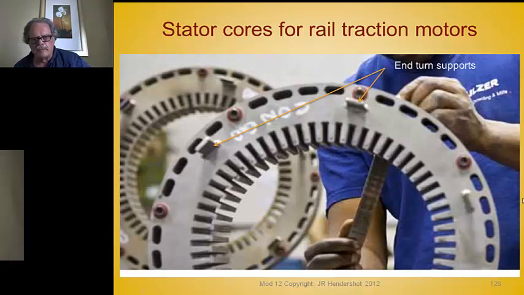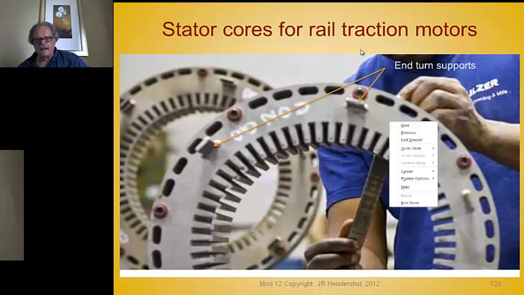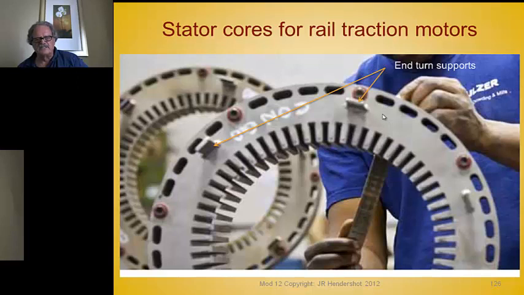Those same finger plates can have pieces of steel welded to them, and that's used for end turn support. Remember in a previous lecture I showed you some pictures of end turn supports. Well, this is an example of how to do that. By the way, these are cooling passages in this core.